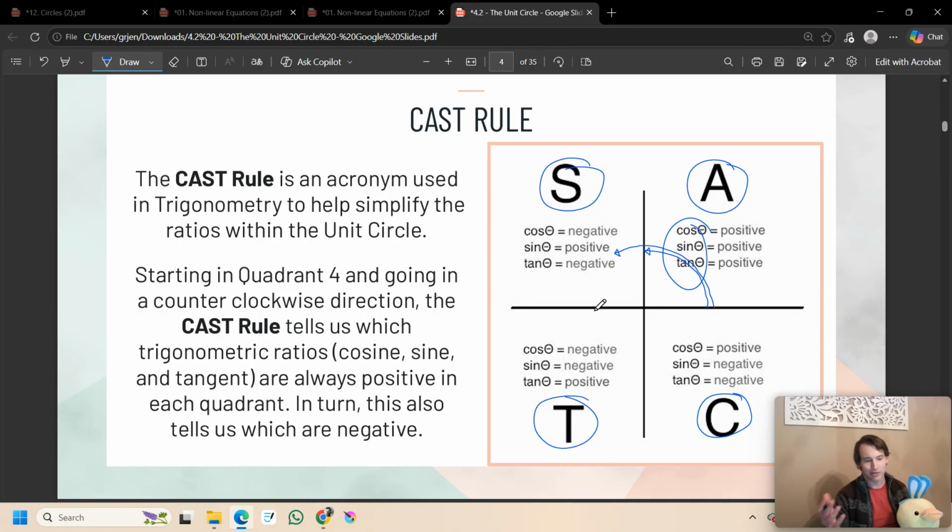This is why you'll sometimes see negative values of cosine inside a cosine law triangle, because we can still have angles like this in a triangle. You can have an obtuse triangle.